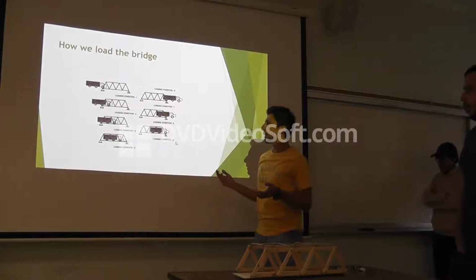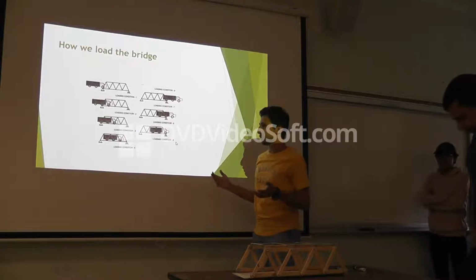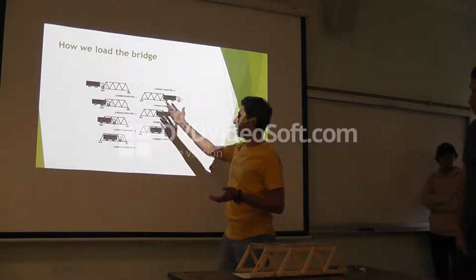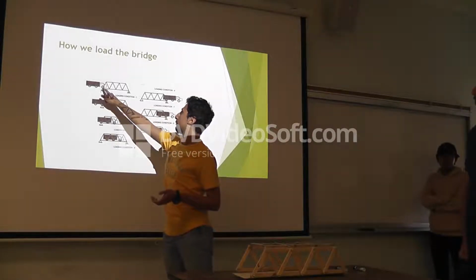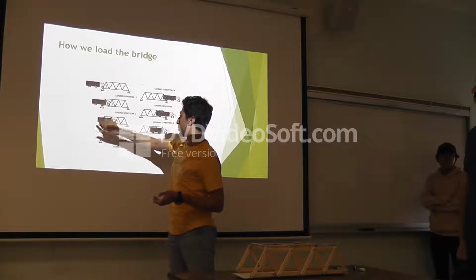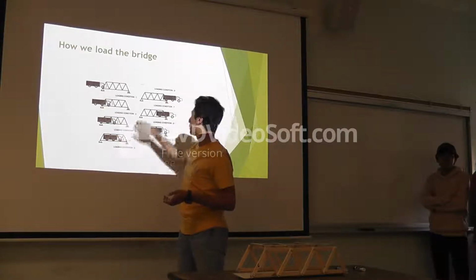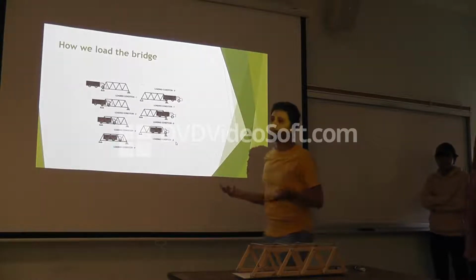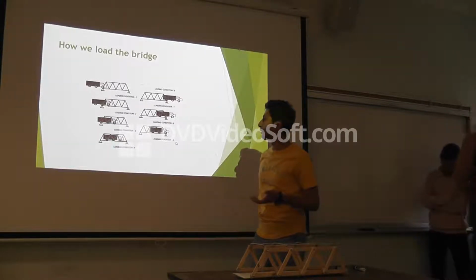In this way we can calculate the total force on each member accurately in all cases: if the truck is just at the first part, or fully loaded on the bridge, or in the middle, or at the end. So we guarantee that we have all the cases that the bridge can go through.